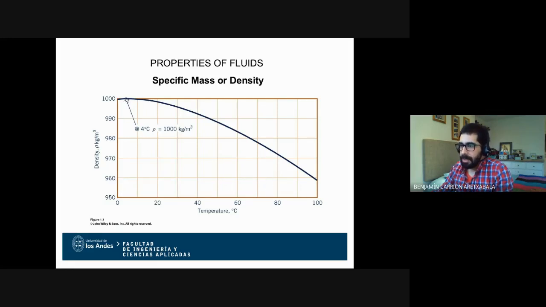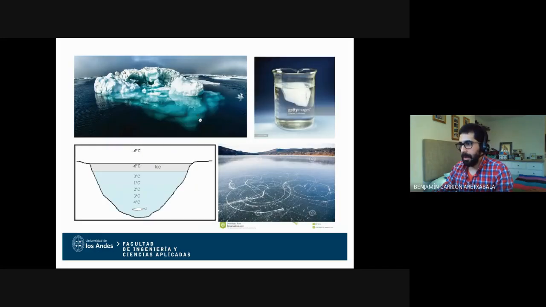And you can see actually that it has a maximum around 4. Then it actually goes down again, and that's the reason why ice floats. I mean, there's a more complex reason. It has to do with the restructuring of the water molecules into another bonding shape.